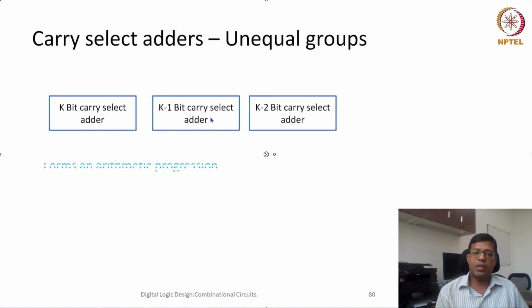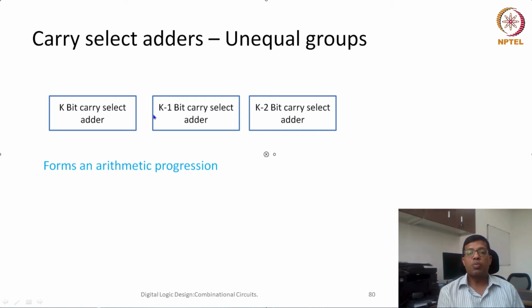So this looks like an arithmetic progression. That means I can create an arithmetic progression, and I create groups in such a way. The overall thing I am ensuring is that at a particular group, the sum as well as the C in from the previous group are computed at the same time. Similarly, the sum at this particular group as well as the carry in from the previous group are computed at the same time.